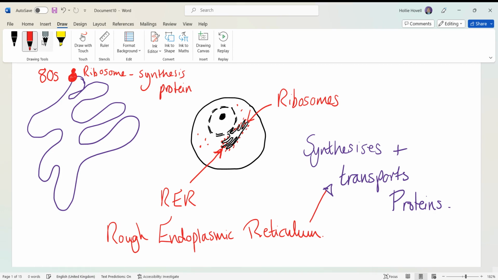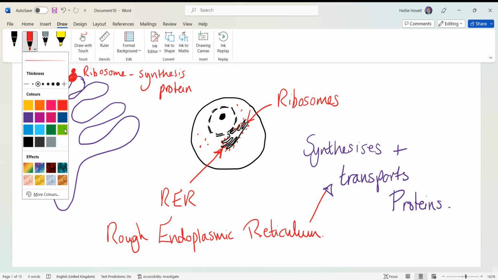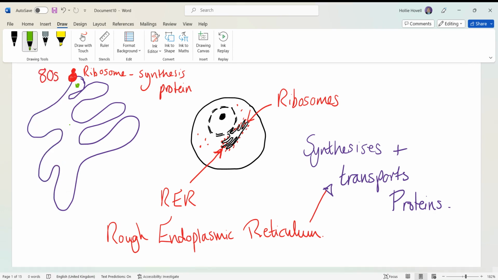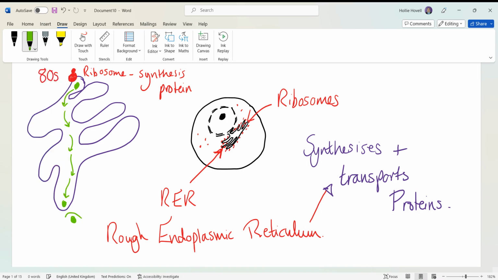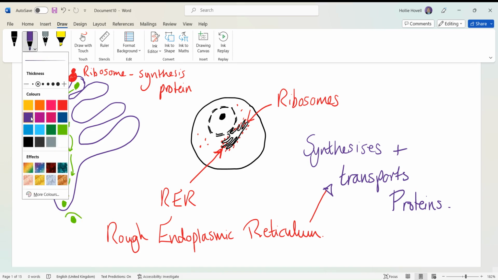Now, once the protein is made, what will happen next is that protein will go into the rough ER and it'll be transported through this network of flattened, membrane-bound sacs, and then eventually the protein will need to come out of the rough ER, and the next place it goes to is the Golgi. And how it gets to the Golgi is it gets put into a vesicle.